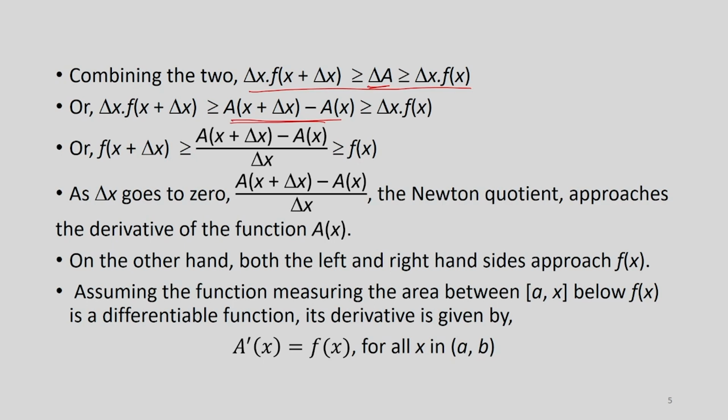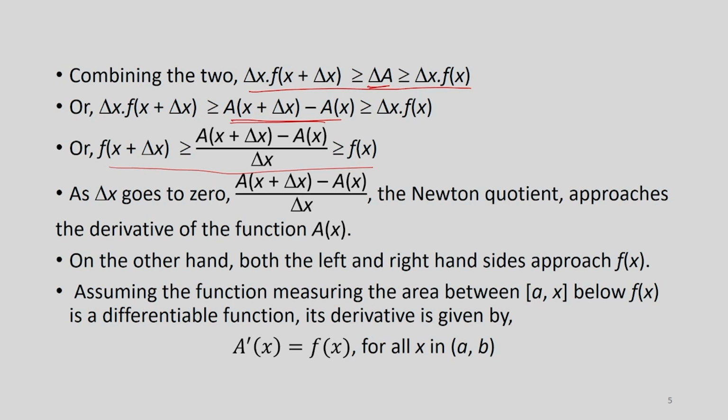I can do that legitimately because delta x is not equal to 0, it is the increment. So, I can divide all these three terms by delta x, and then I shall get this expression: f of x plus delta x is greater than or equal to A of x plus delta x minus A of x divided by delta x, greater than or equal to f(x).